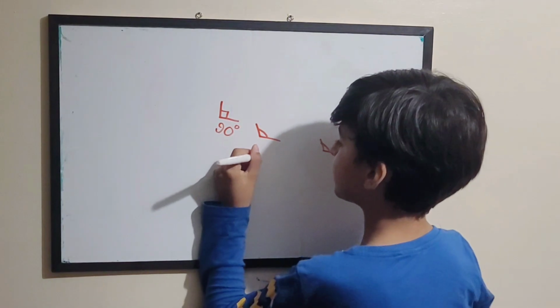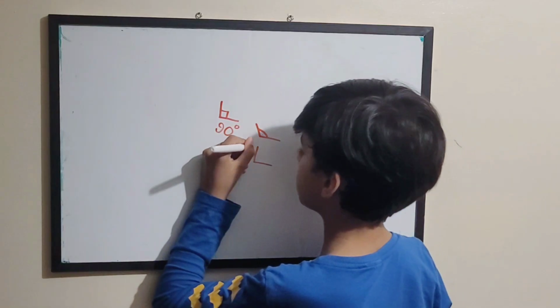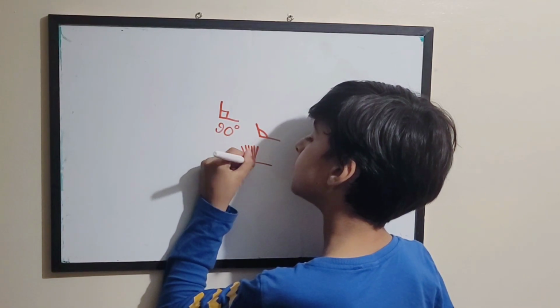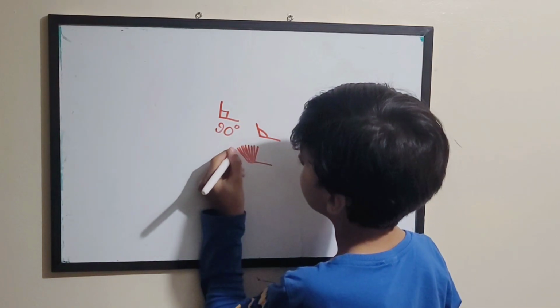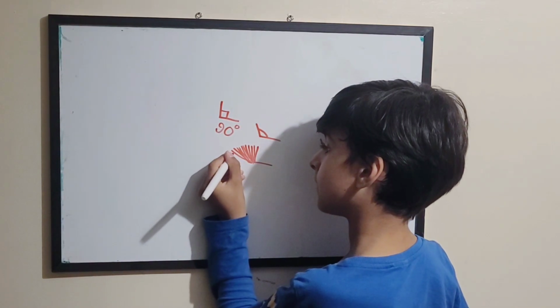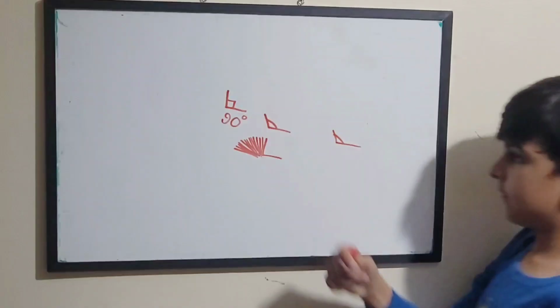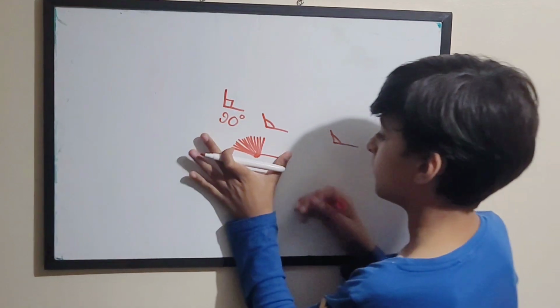The angles which are more left, any angle, so this is an example of some of the angles you can make which are obtuse.